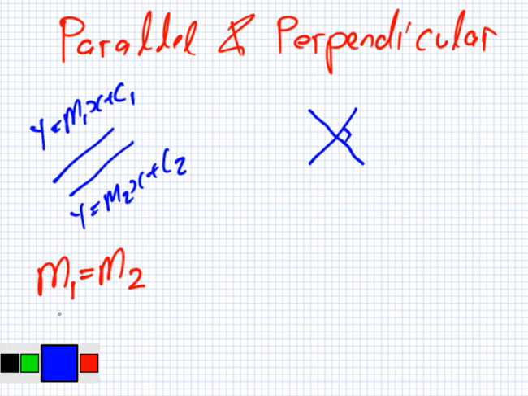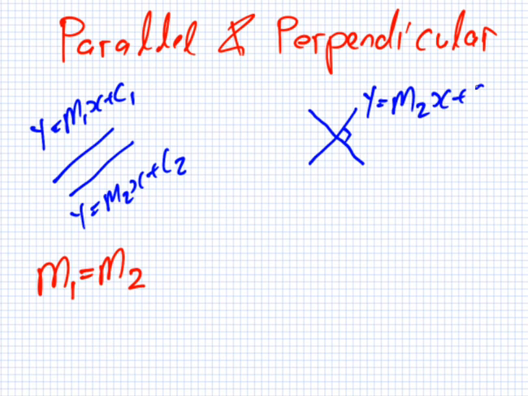Okay. So let's say this one here is y equals m1x plus c1, and let's say this, in a different colour, is y equals m2x plus c2. When they're parallel, as you said, their gradients are the same.